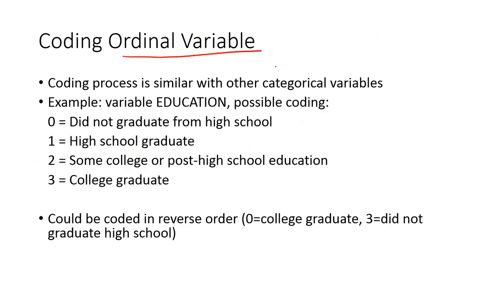How do we code an ordinal variable? Well, an ordinal variable should be coded in such a way that the order is maintained. You remember that example we took: did not graduate from high school, graduate, some college and college, right? There is some order, an increasing order of higher education.